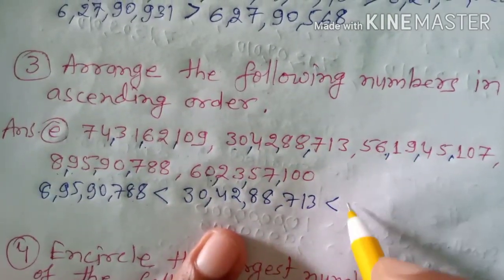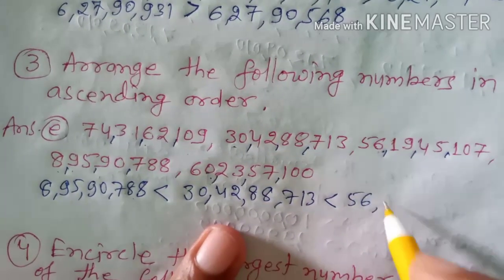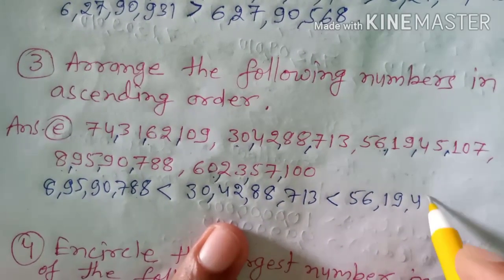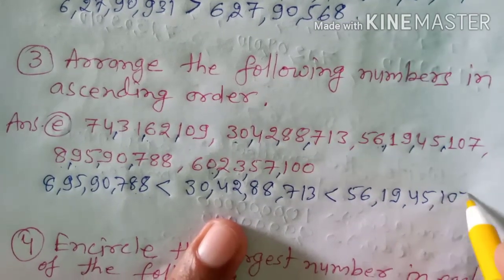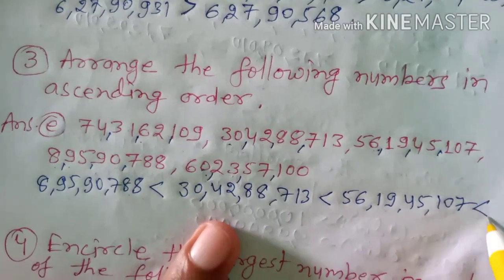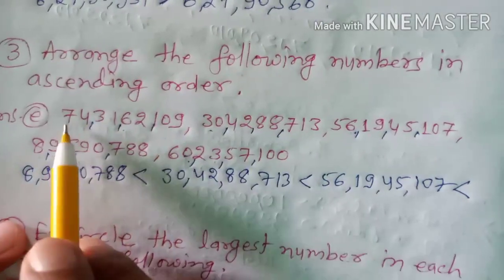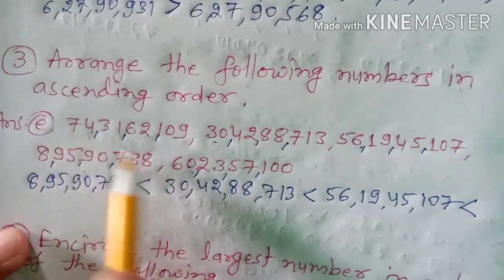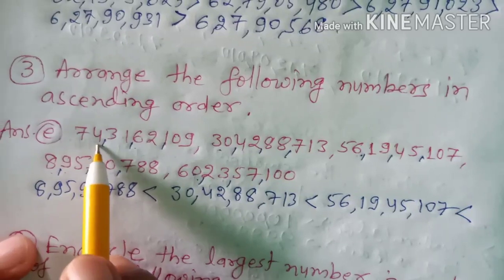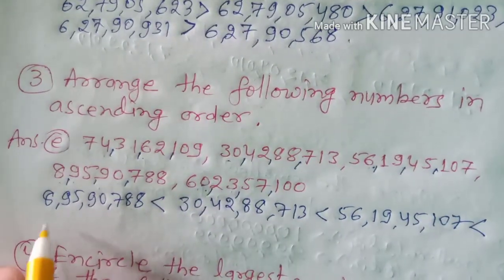Then we are able to judge this number will be here. Again we will set this sign. Now comparing these two numbers, here is 74 crore, here is 60 crore, so the 60 crore number will come before.